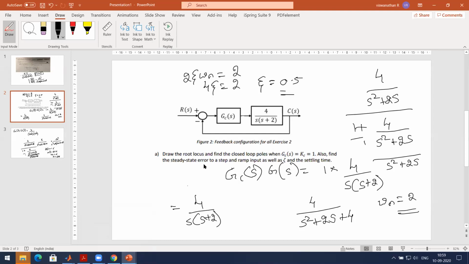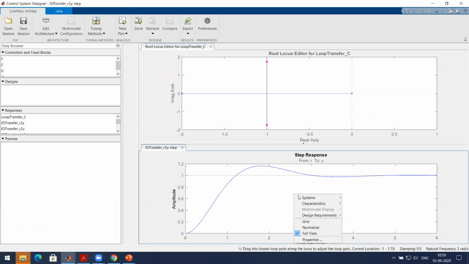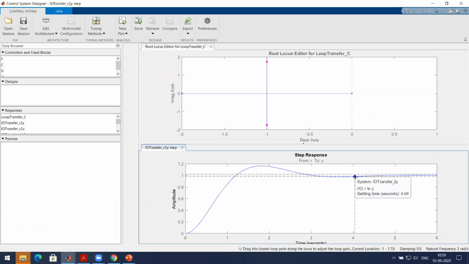So it says also find the steady state error to a step input and the settling time. So you can go to the MATLAB, right click here, say characteristics, settling time. So settling time is this one. 4 point something, 4.04 is the settling time.